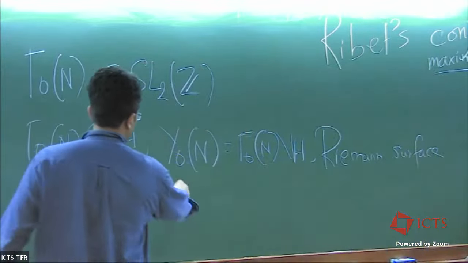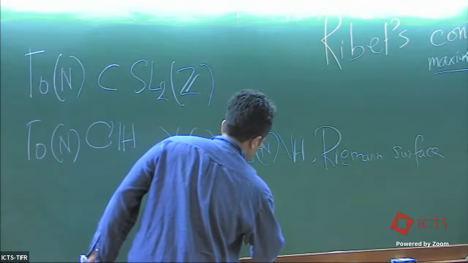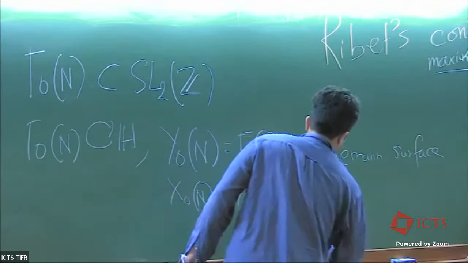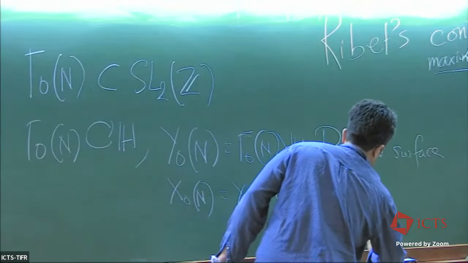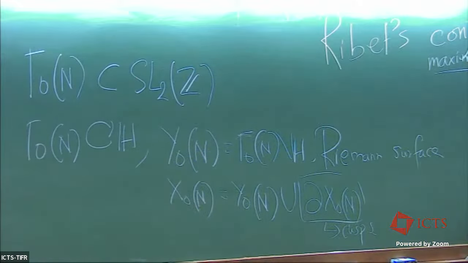You compactify it by adding the cusps, and I would like to see the space of modular forms of Gamma_0(N) as holomorphic sections on this curve.